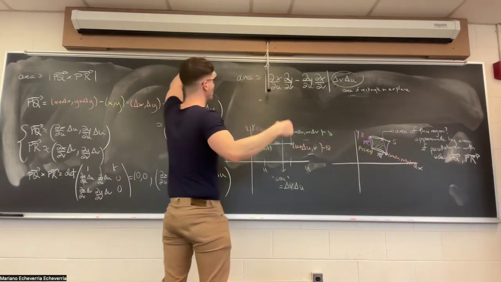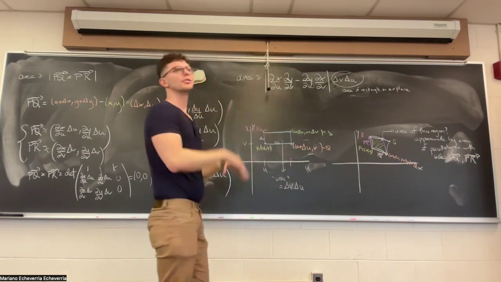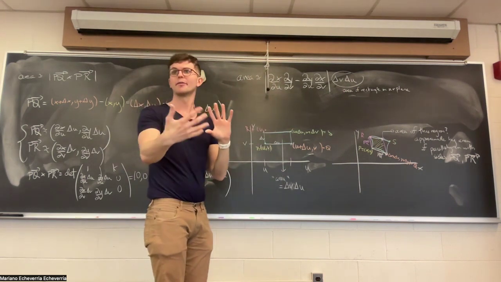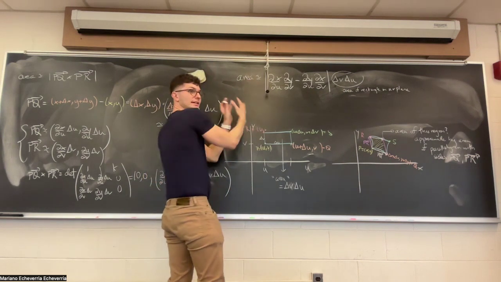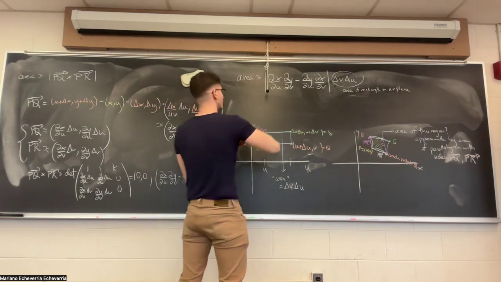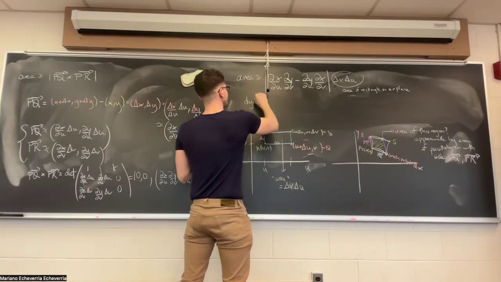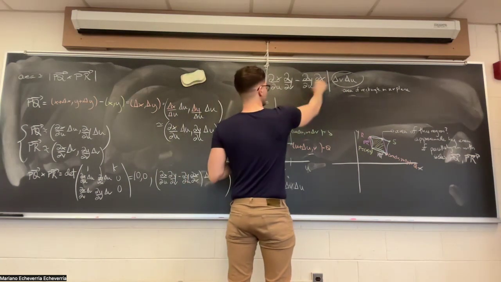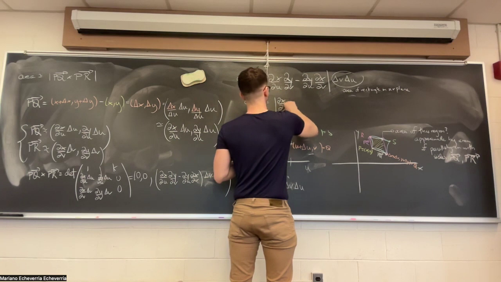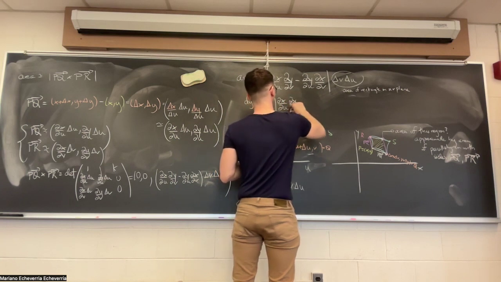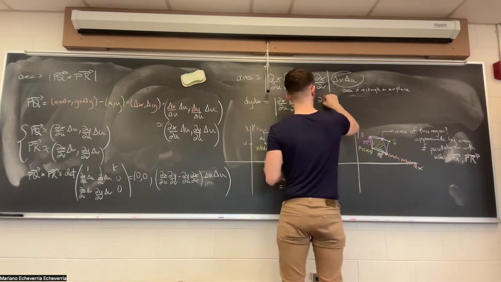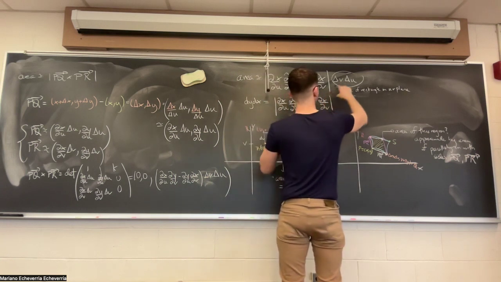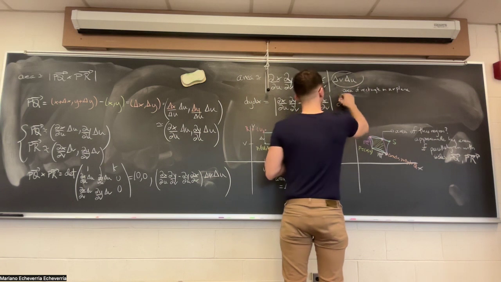Or, if we want to think about this more properly in the Calc 1, Calc 3 version, what I'm saying is that dy dx, because that's a very small piece of area in the real world, is basically this thing times dv du.